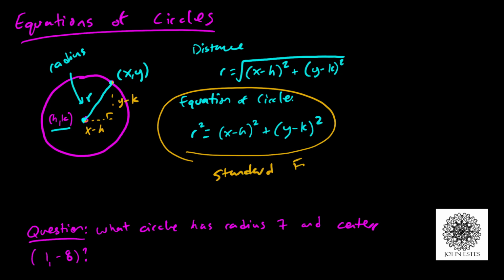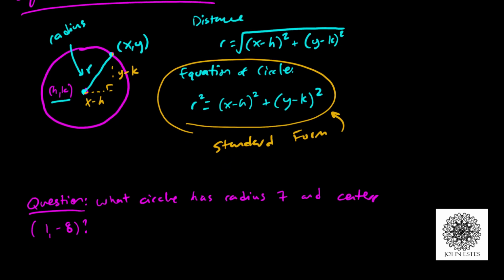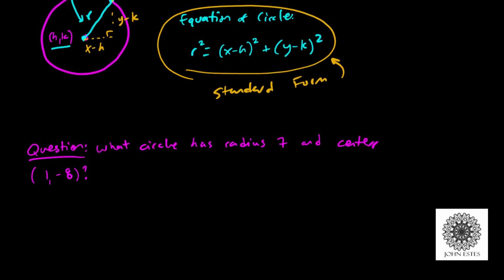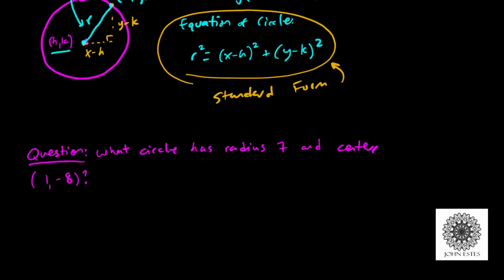Again, if you know the center and you know the radius, you can find the algebraic equation of that circle. So here I have a question that says, what circle has radius 7 and center (1, -8)? All I need is this equation of a circle in standard form. I have the radius, so I know that r is 7. I know that h is 1, and k is -8.